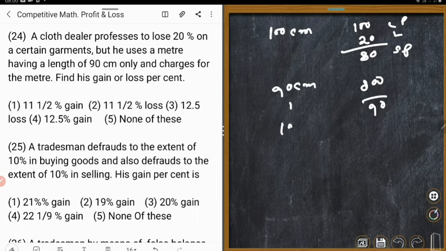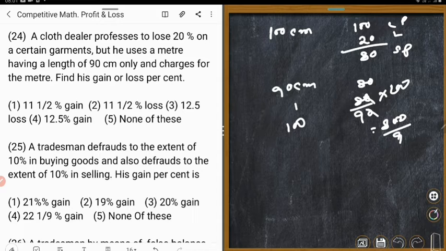Therefore 100 cm into 100. 80 upon 90, 100 into 100 is equal to 800 upon 9.